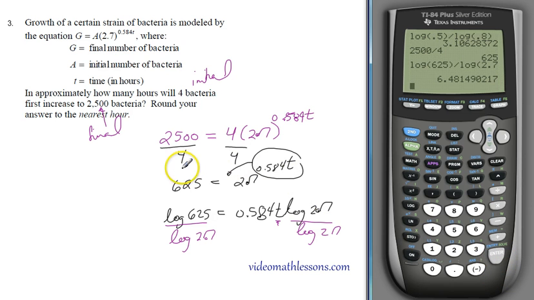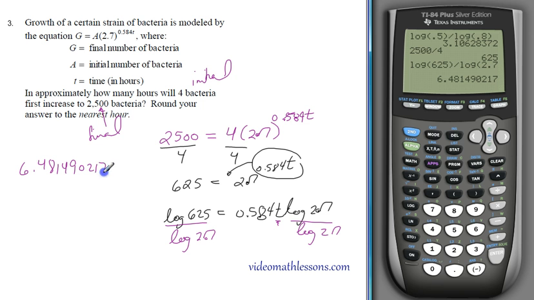Hit enter, and we get 6.48. Now we're not done. 6.48 equals this 0.584 still. So I have to divide by the 0.584. Now I'm not going to retype all the stuff in. I'm just going to hit divide. It'll use the answer.